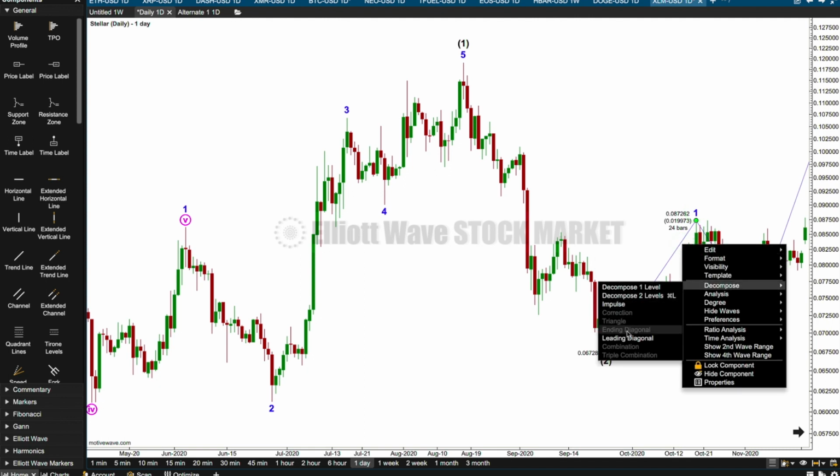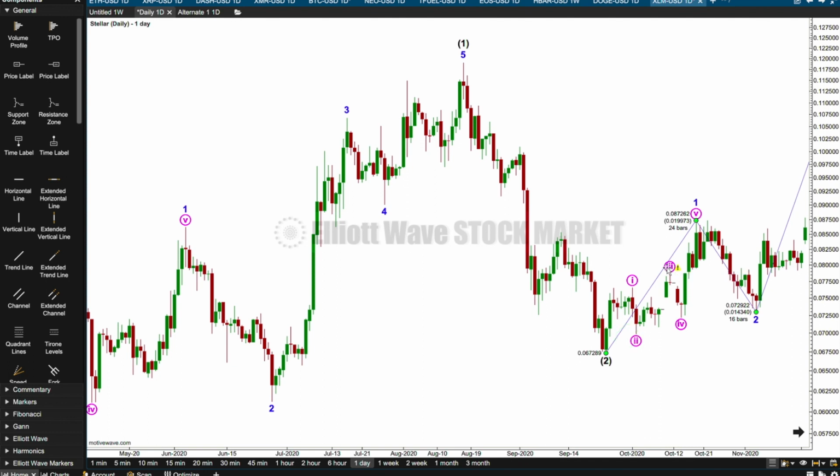Let's have a... This might be the key. Okay, this doesn't subdivide. It's a 5, so the first wave is over here. This is a series of first and second waves. Oh, why are you doing that? I want that one.